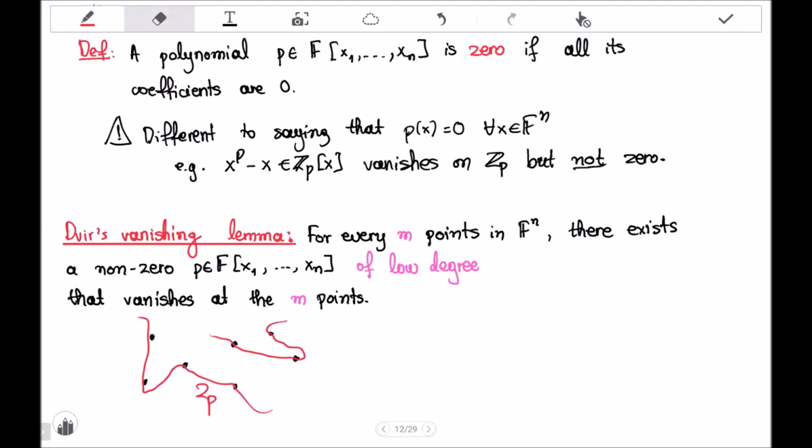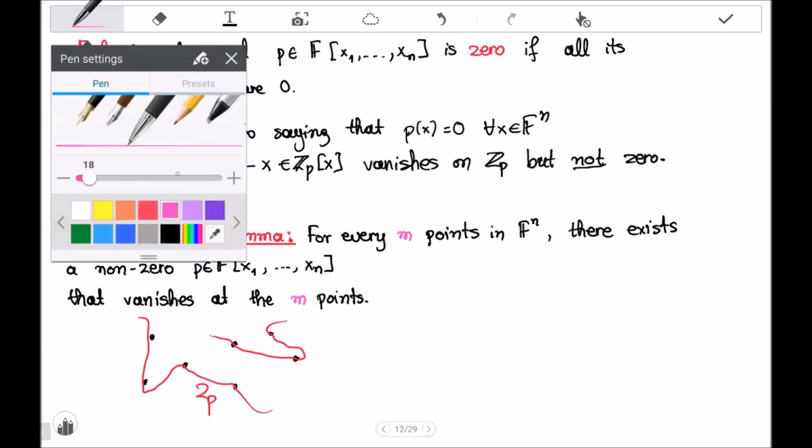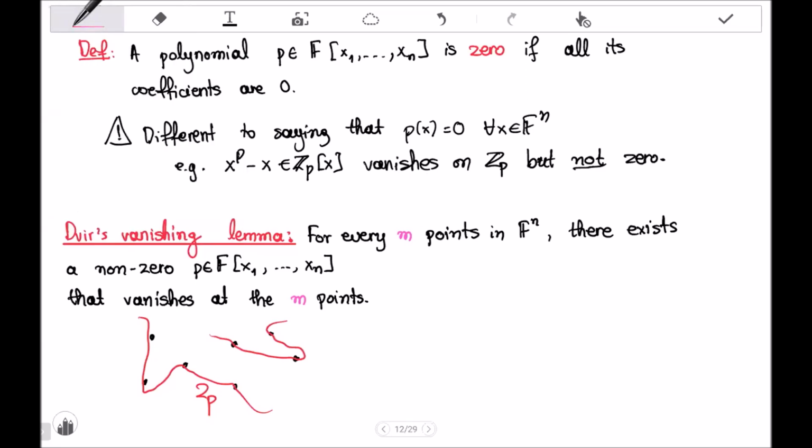And what I mean by low degree: the degree depends on the number of points, but it's actually even smaller than that. So degree at most a constant times the number of points to the 1 over n. No matter what n points you have, you can find the polynomial that vanishes at those points, and it has this small degree that only depends on the dimension and the number of points.